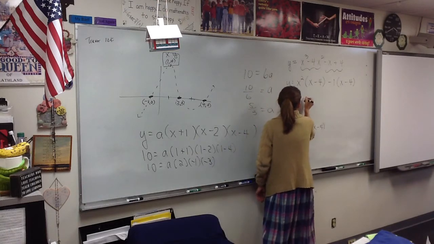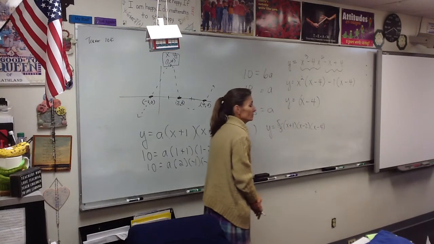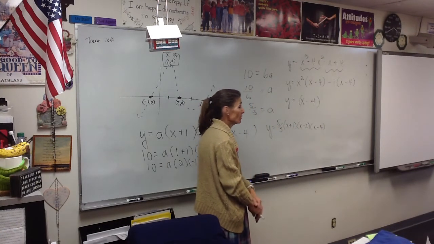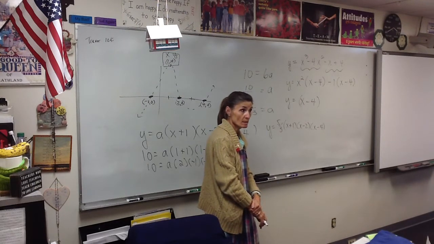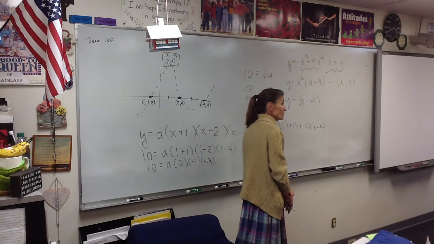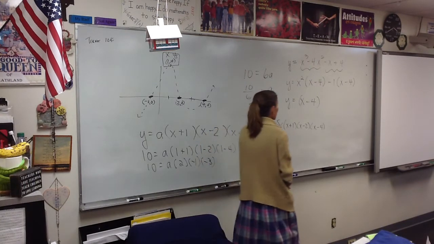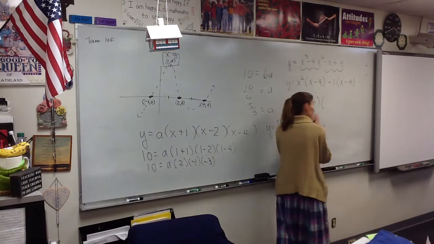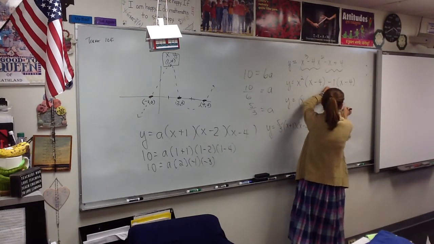Write down the matching factor. I'm going to stop right here. Look at what I wrote down. Did I put a squared on it? Did I put 2 of them? I wrote down the matching factor. And then I'm going to write down everything else. So that would be the x squared and the -1.